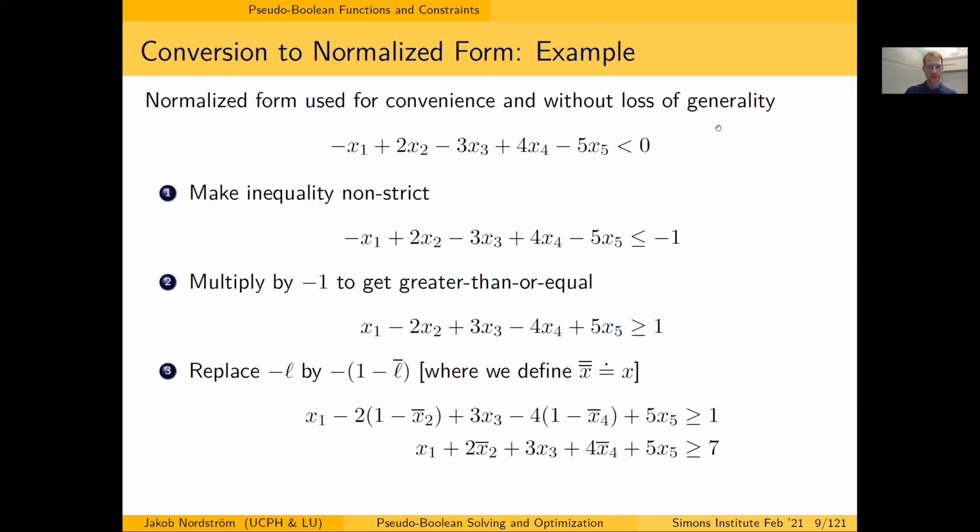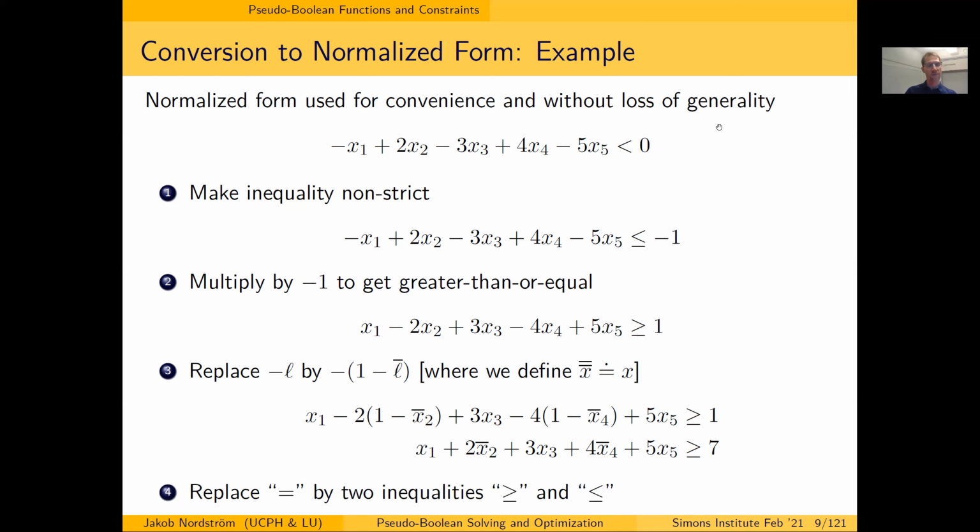And now we collect all the constant terms and shift them to the right-hand side. We get, in fact, the pseudo-Boolean constraint we had before, x1 plus 2x2 bar plus 3x3 plus 4x4 bar plus 5x5 greater or equal 7. And it should not be too hard to see that this will work in general.